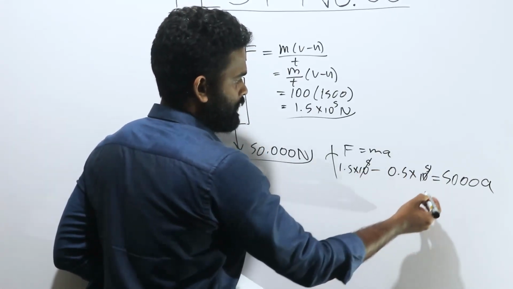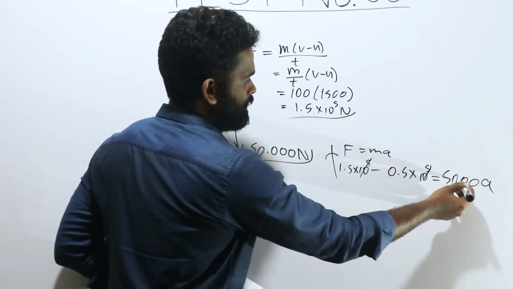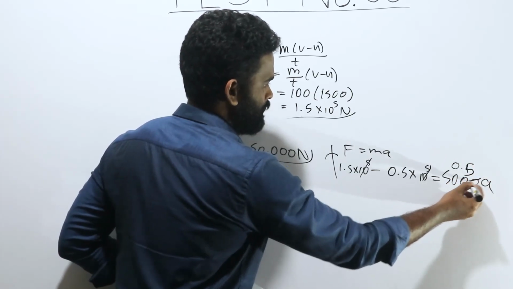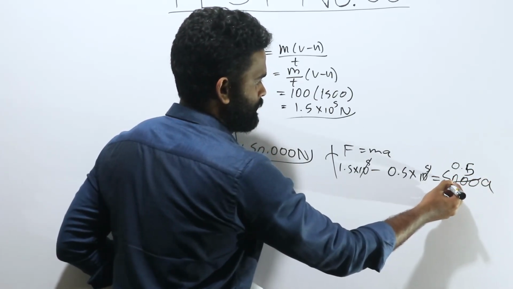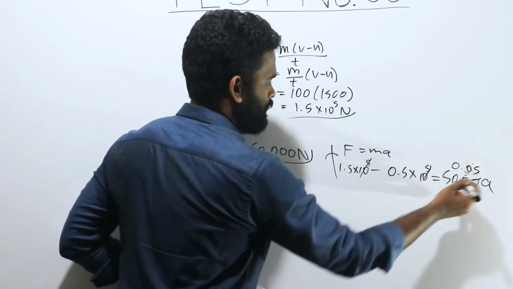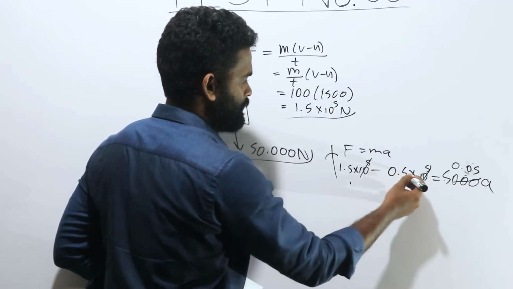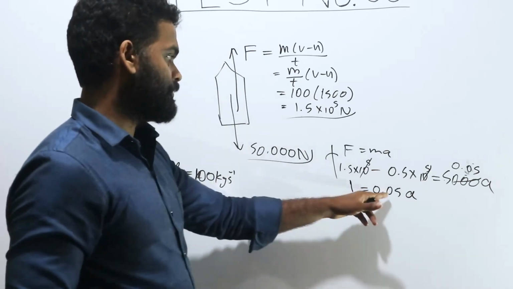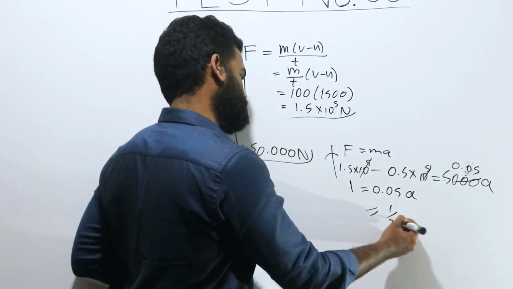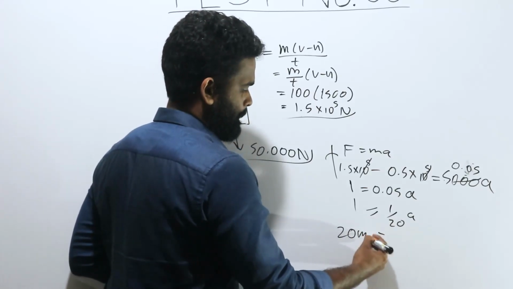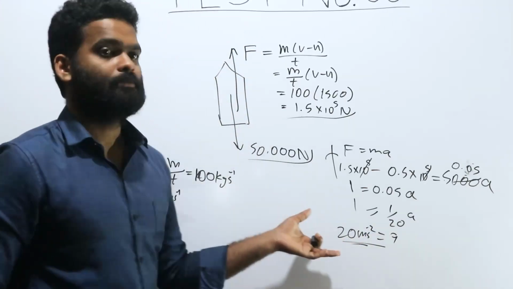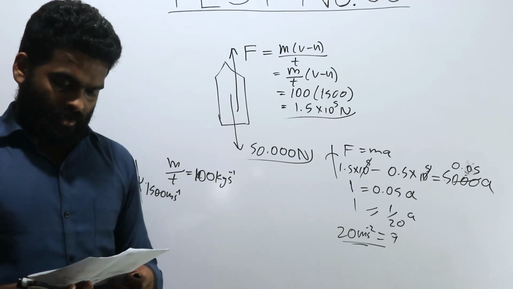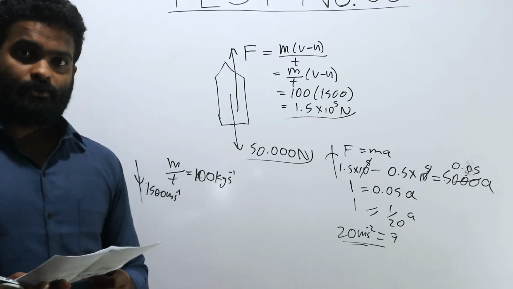Then dividing the whole thing by 10 to the power 5, 1.5 minus 0.5 is 1, which equals 0.05 times acceleration. 0.05 means 1 over 20, so the acceleration gained by the rocket is 20 meters per square second in this case. So the answer for the 12th question should be the second one.